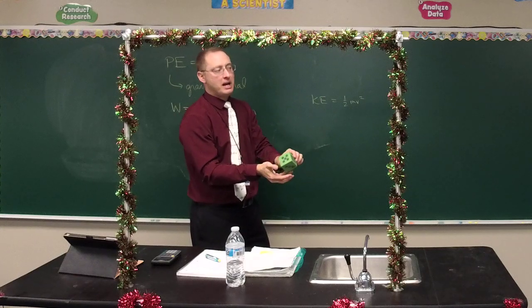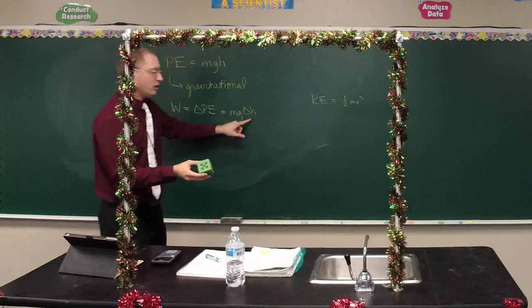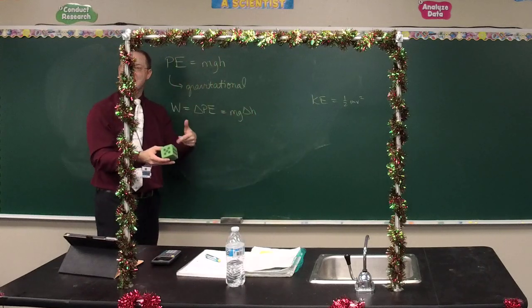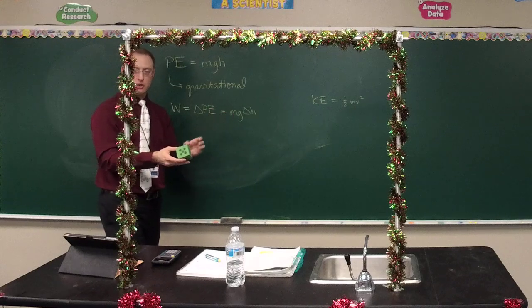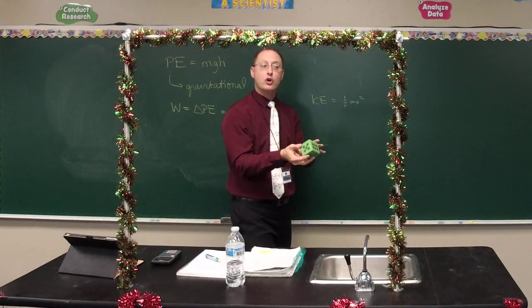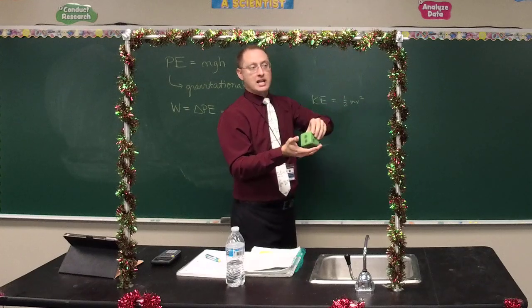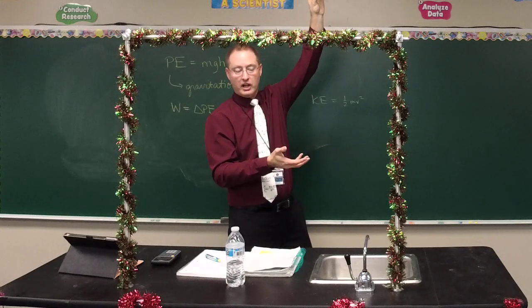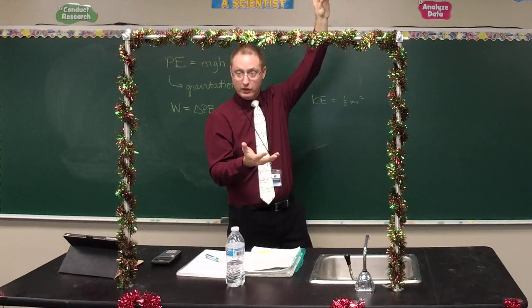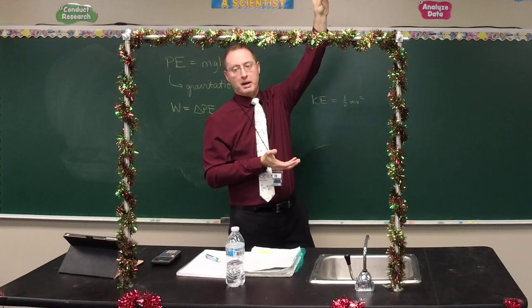But as it leaves my hand, although it's losing kinetic energy, it's rising higher and higher, which means it's gaining potential energy. So it leaves my hand with a certain amount of energy, and it's all kinetic energy out of the hand. As it rises, it gets to the high point, where it has now lost all of its kinetic energy. Velocity 0. But it has reached its maximum potential energy. And then it begins to fall back down.